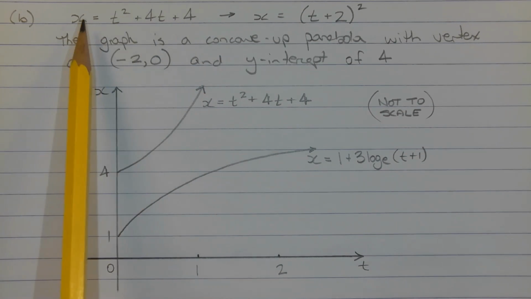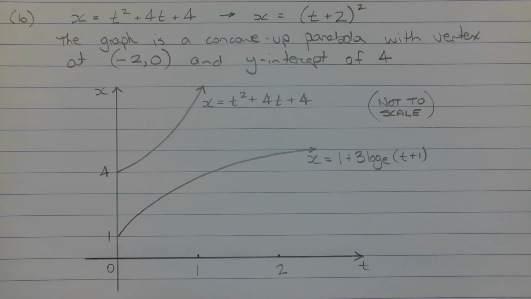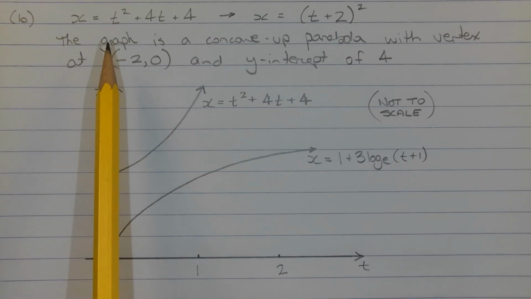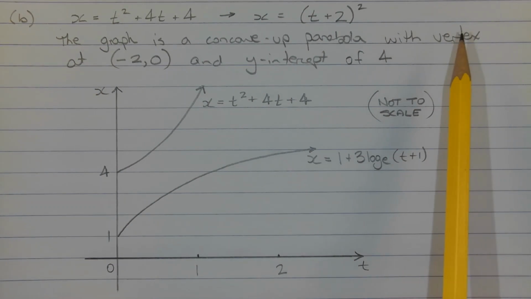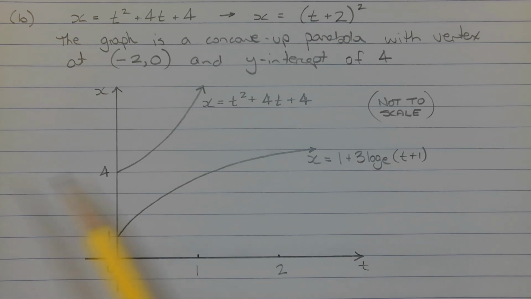Now this is a quadratic expression whose graph is a concave up parabola. Now it's also worth noting that t squared plus 4t plus 4 can be factorized as a perfect square, and we get x is equal to t plus 2 in brackets squared. Now I've already stated that the graph is a concave up parabola, but the vertex is at negative 2, 0, and the y-intercept is 4.